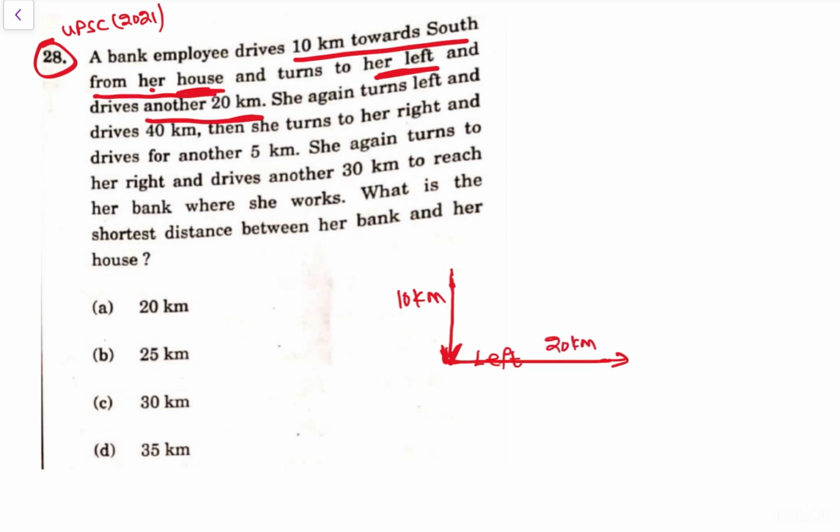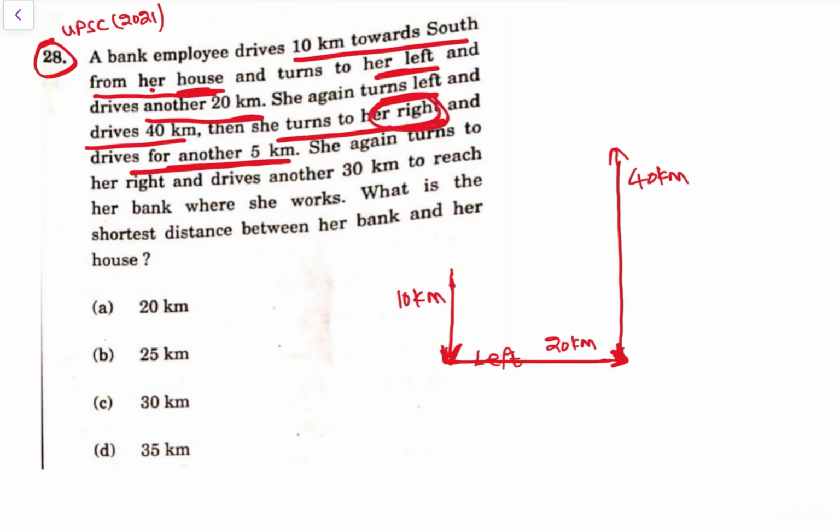Then she again turns left. So now where is her left hand? Left hand is this side. She turns left and drives 40 kilometers. Then she turns to her right and drives another 5 kilometers.